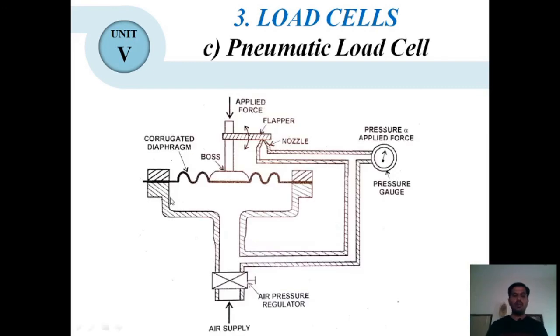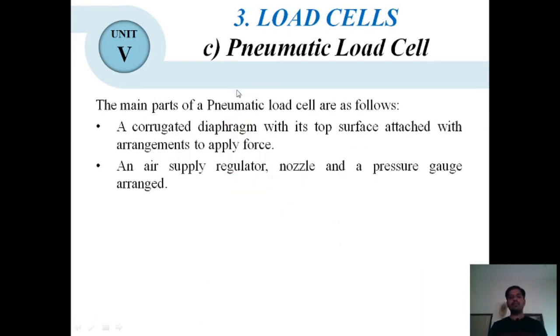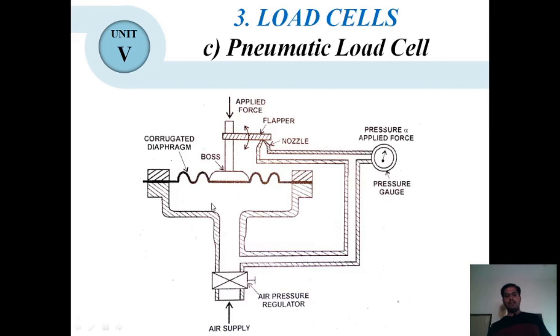On the top of the diaphragm, we have placed a boss on which we are going to apply the forces. An air supply regulator, nozzle, and a pressure gauge are arranged. Here there will be the air supply regulator, here is a nozzle, and here is our pressure gauge.